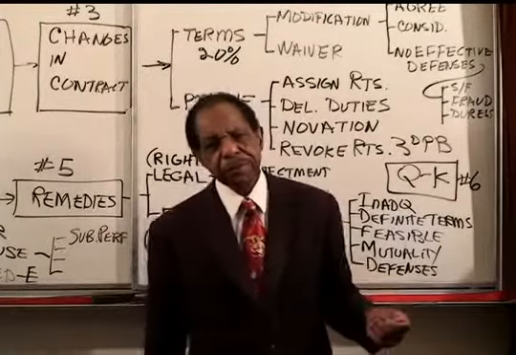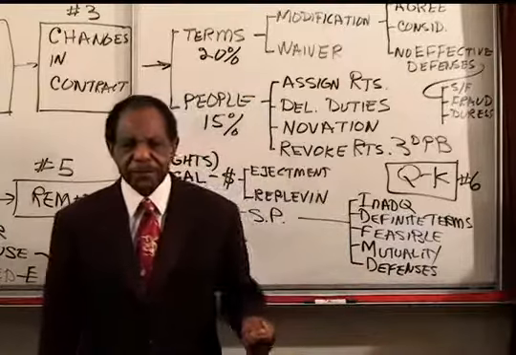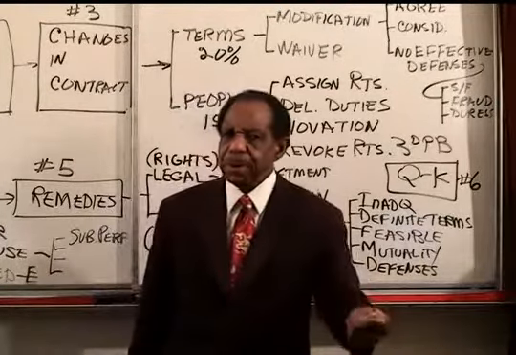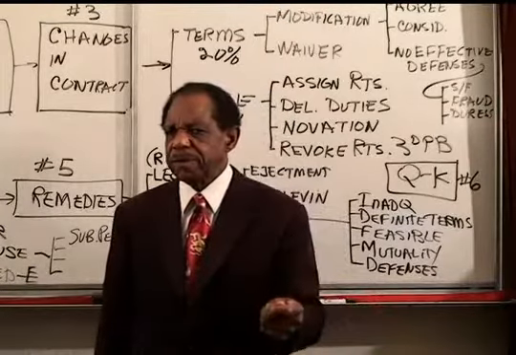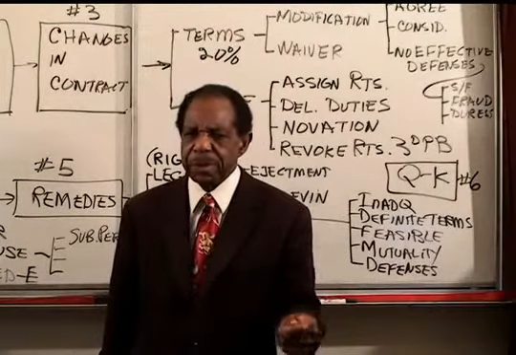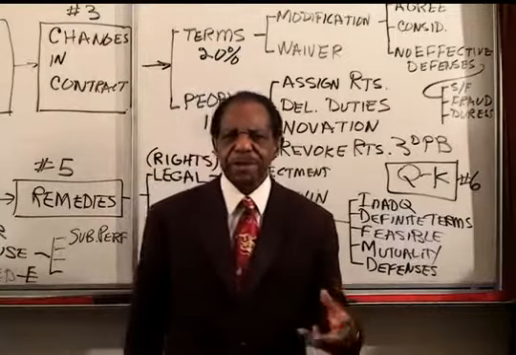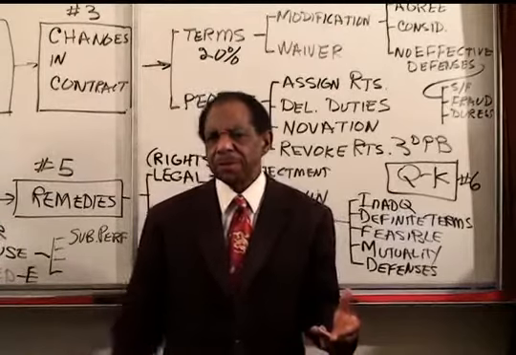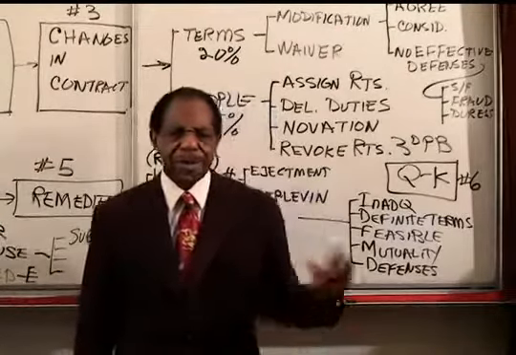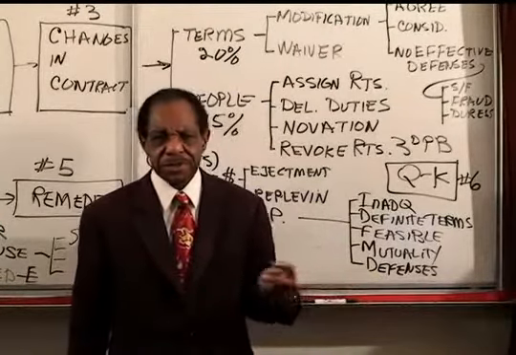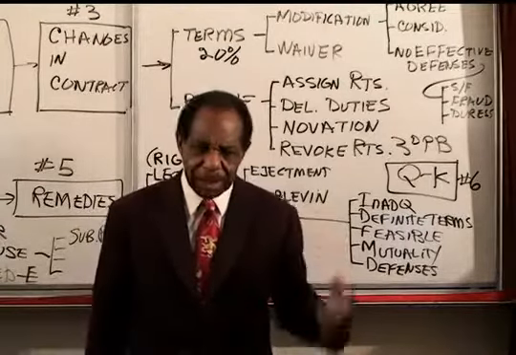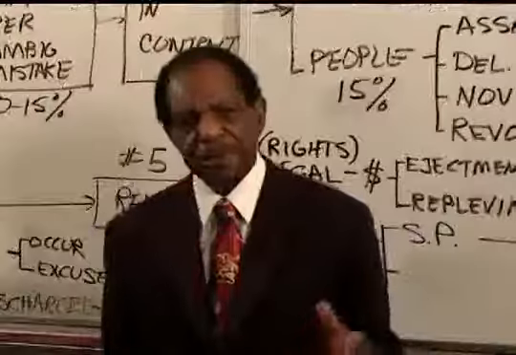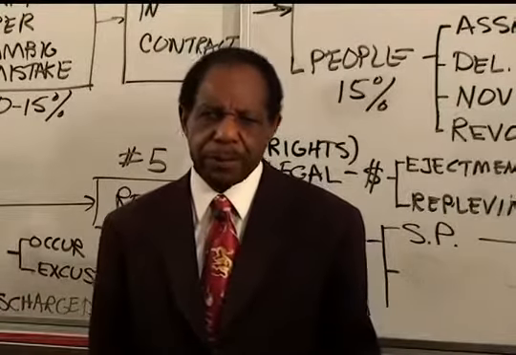You could start with a contract for $300 and you modify it and change it and you end up with a contract for the sale of goods for the price of $500 or more. You need a sufficient writing to prove that you have this contract. Doesn't matter whether you got there through a bunch of modifications or you got there the first time without any modifications. If you end up with a contract for the sale of goods for the price of $500, you've got to be able to prove that with a writing.